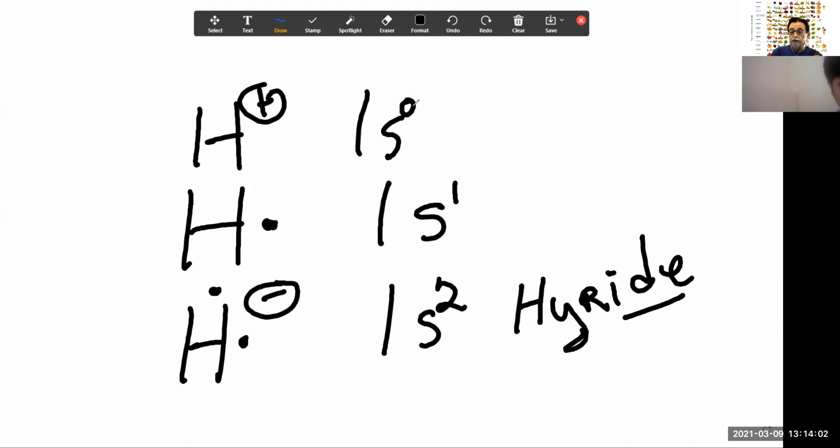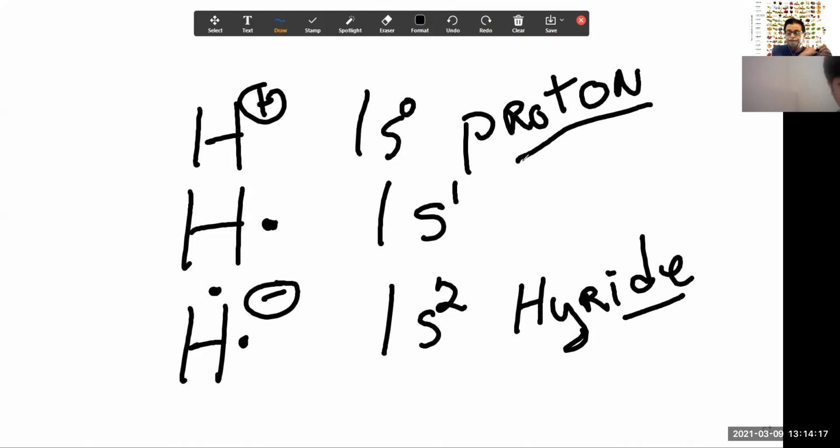This has its own special name: a proton. The hydrogen that has lost that electron is called a proton, and you're going to hear me say that name quite a bit. Instead of calling it hydrogen plus, we call it a proton.